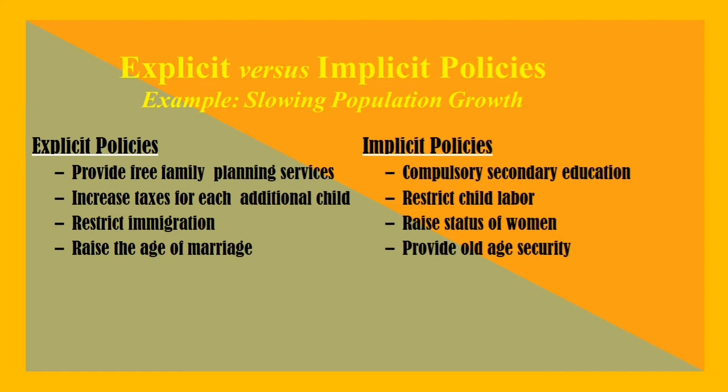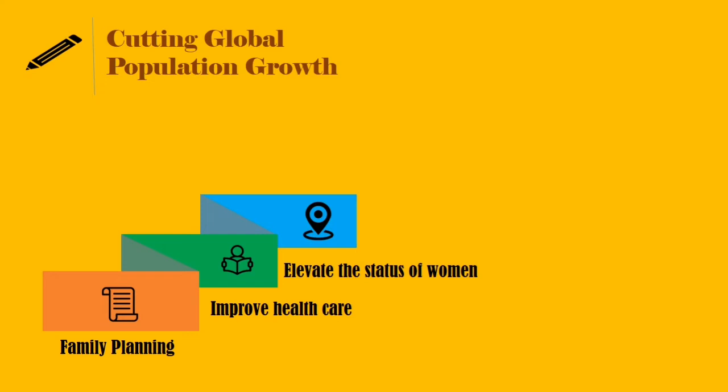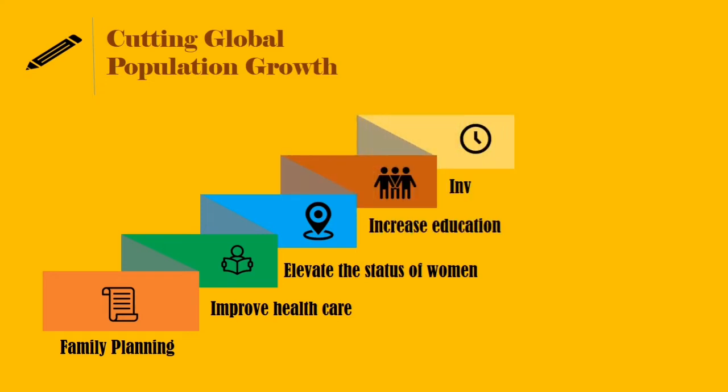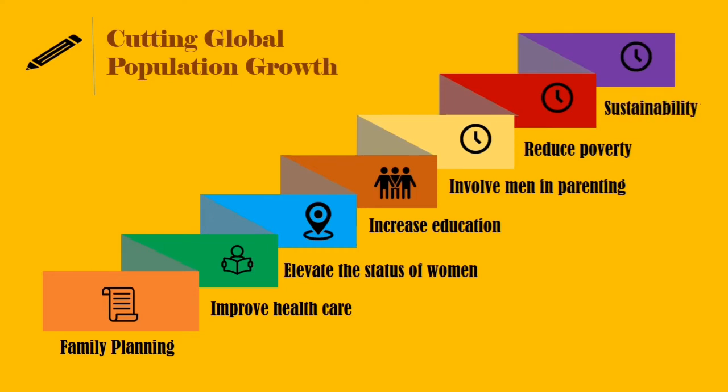So in general, in order to cut global population growth, the following policies may be adopted, and this includes family planning, improve health care, elevate the status of women, increase education, involving men in parenting, reducing poverty or sustainability.